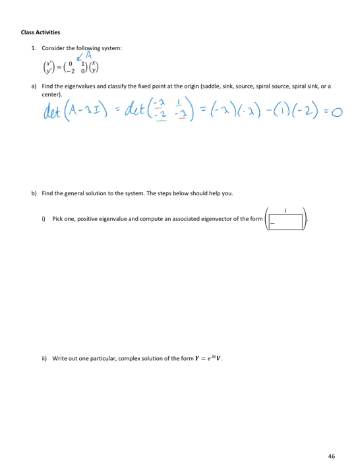Negative lambda times negative lambda is positive lambda squared, plus 2 equals 0. So lambda squared equals negative 2, which means lambda is plus or minus the square root of 2i. The square root of negative 2, or the square root of 2i.